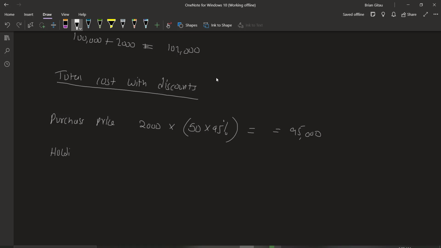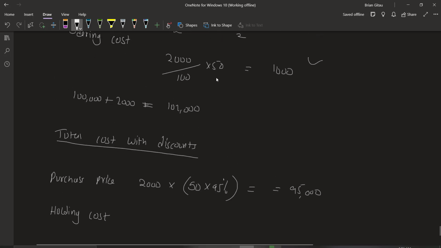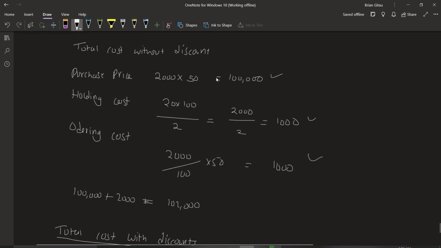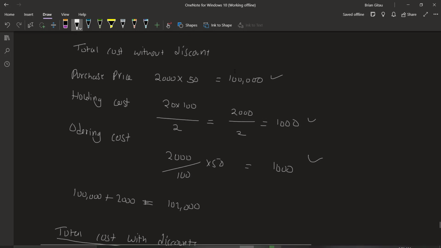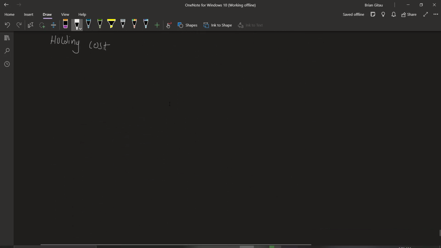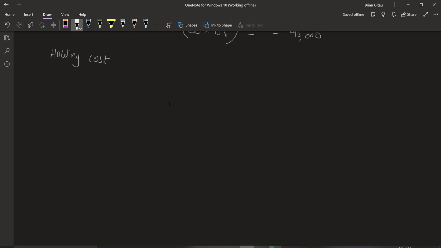The holding cost will be affected slightly because you can see from our holding cost we are taking 20, and this 20 we took 15 plus 5, which is 10% of 50.